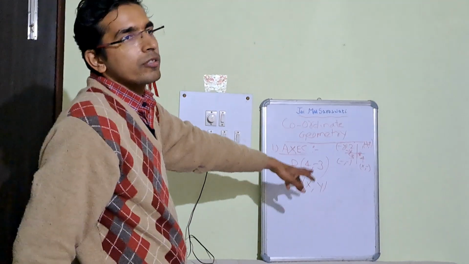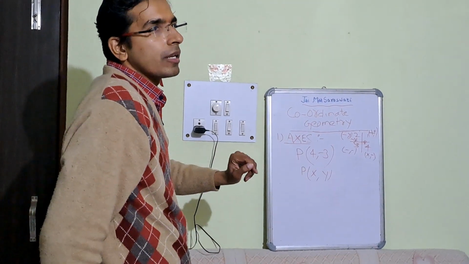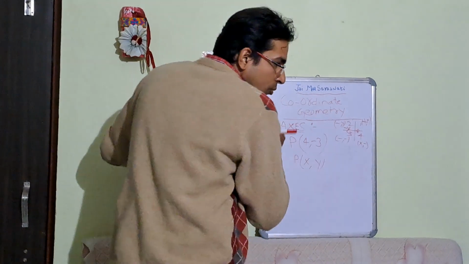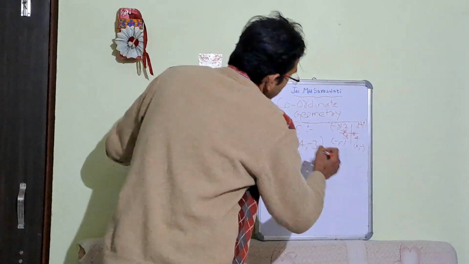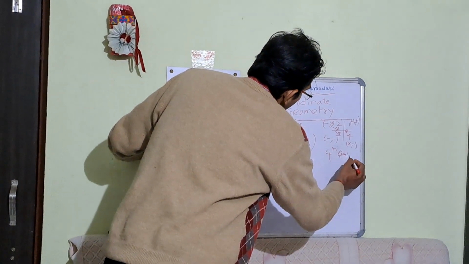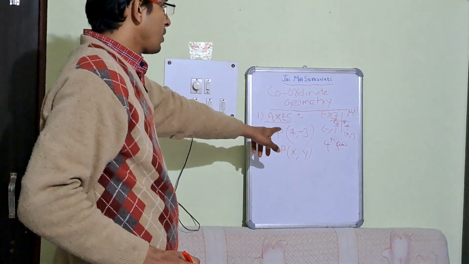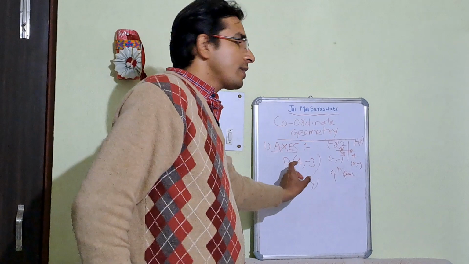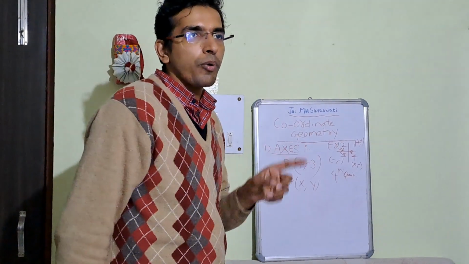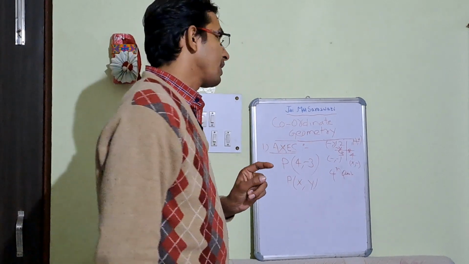Here x value is 4 and y value is minus 3. So this particular point will lie on the fourth quadrant, in which the x value is positive and y value is negative.